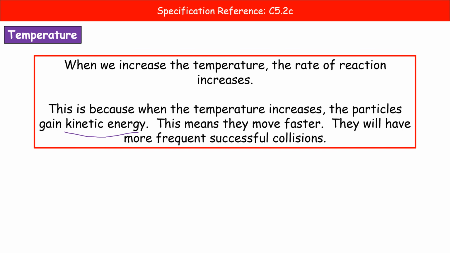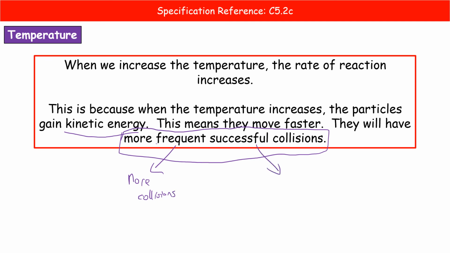This means they are going to have more frequent successful collisions. This phrase here, more frequent successful collisions, must be in your answer, okay? There's two parts to it. More frequent, first of all, just means there are more collisions in any given minute of time.